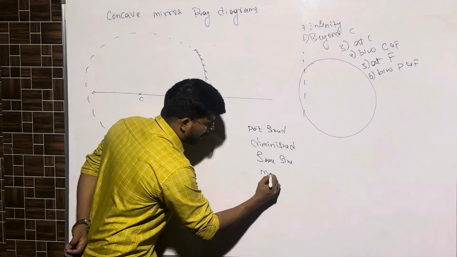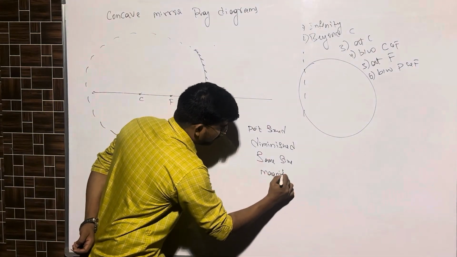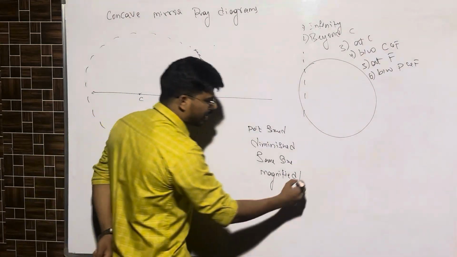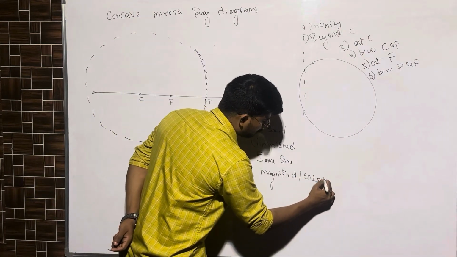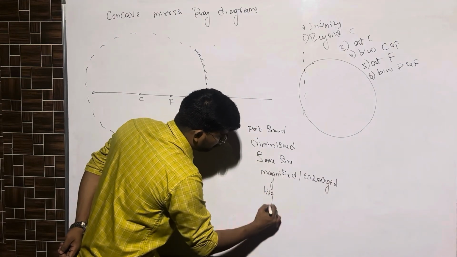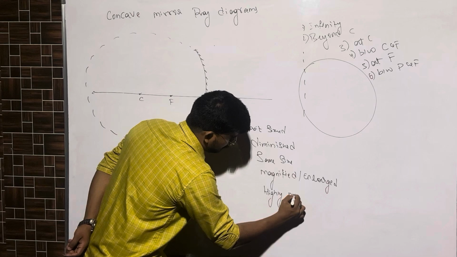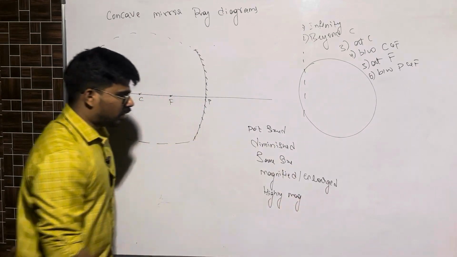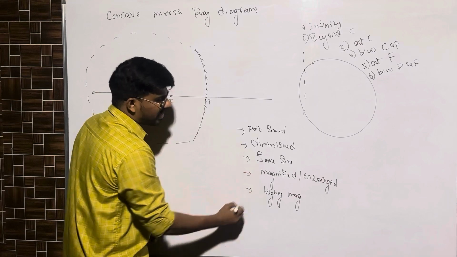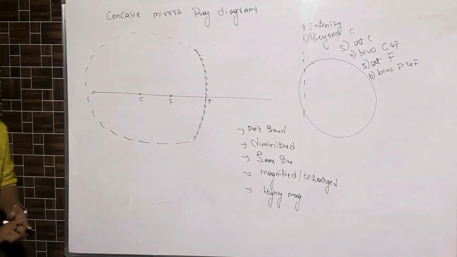Next, magnified or enlarged, both mean the same. Next, highly magnified. Clear? Right. First one, point sized, diminished, same size, magnified or enlarged, and highly magnified.